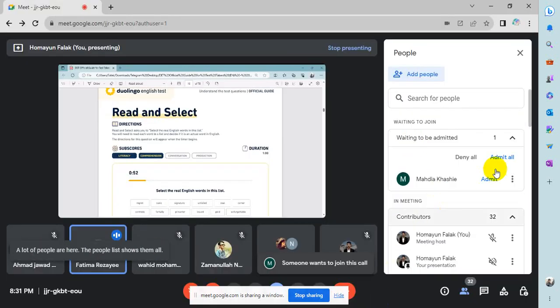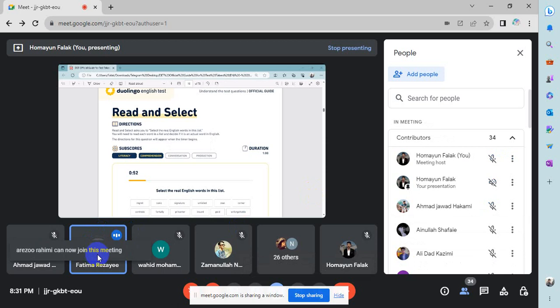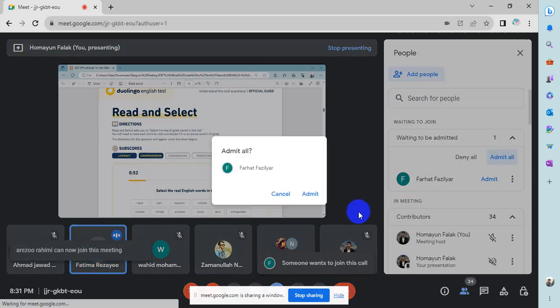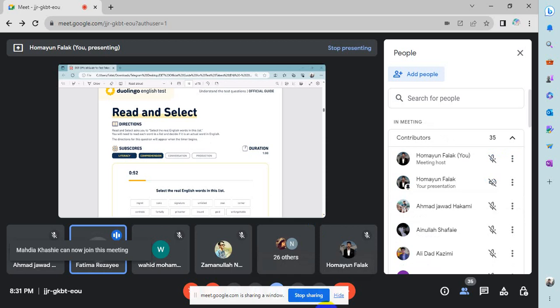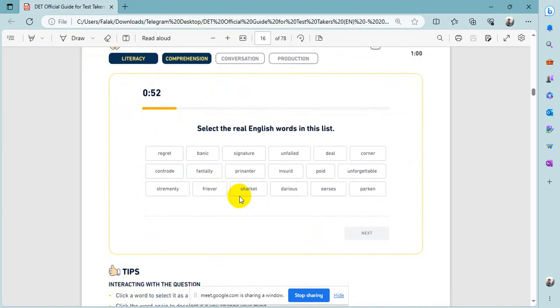The next question type that we have spoken about was read and select. In read and select question types, you were supposed to select the real English words, okay? There were different kinds of English words. As I told you, there were a couple of words and you just select the real English words. That's it. According to the new changes, there are not just words.